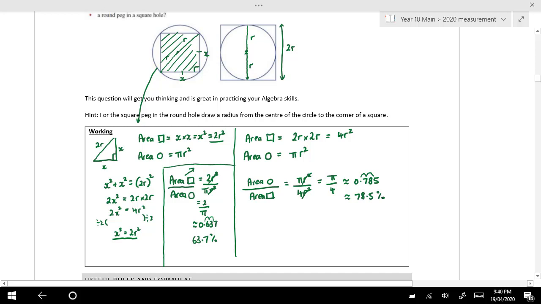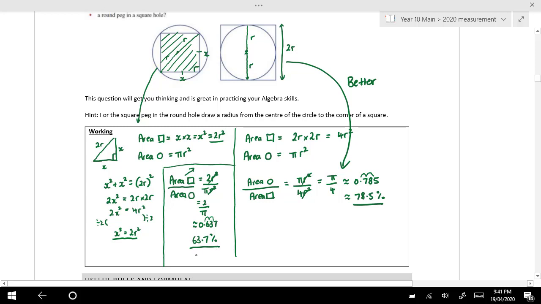So the question is, what's better? What uses up more area? A circular peg in a square hole or a square peg in a round hole? Well, as you can see, this one here is better because that circular peg utilizes 78.5%, where a square peg in a round hole uses up 63.7%.